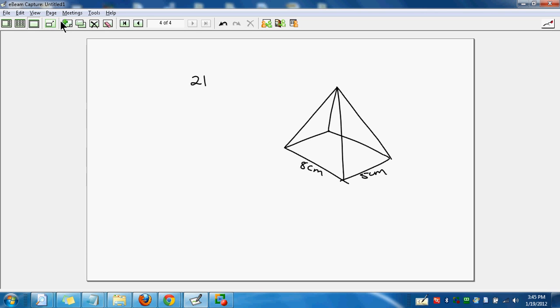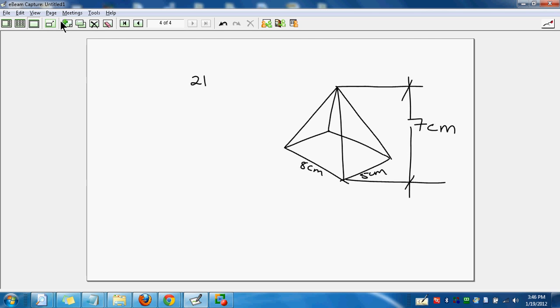Right, so it means that the perpendicular height here will be 7 centimeters. Okay, like that. So that's what the pyramid would look like.